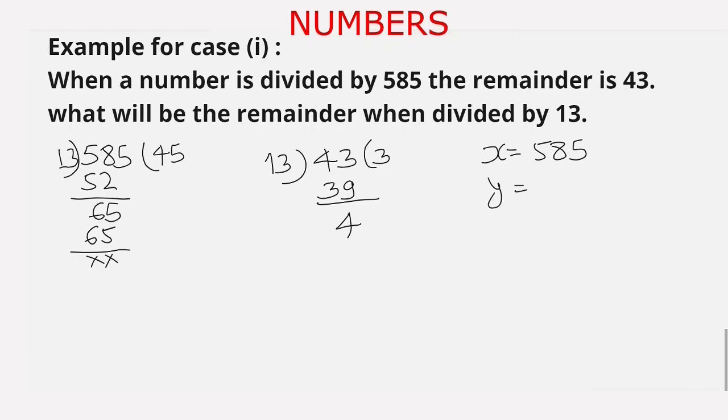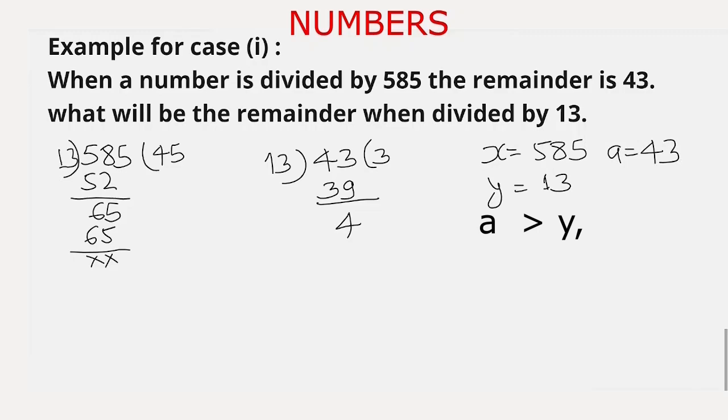y is 13. Here remainder a is 43 and a is greater than y. Therefore, we divided a by 13 and the remainder which we get is 4.